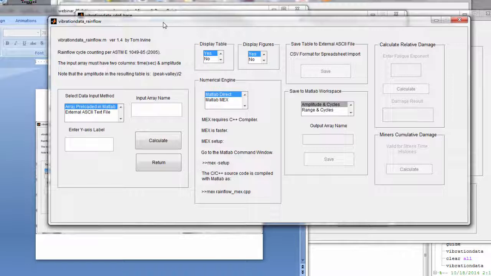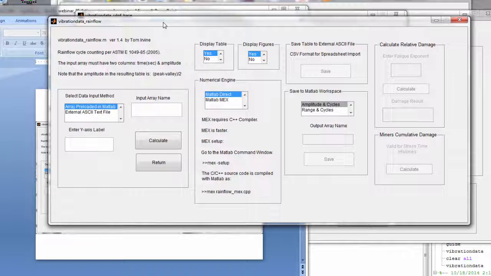This is rainflow cycle counting per ASTM E1049-85 in 2005. This is based on the research of Endo and Matsuishi, two Japanese engineers who wrote a historic paper on rainflow cycle counting back in 1968. The input array must have two columns, time in seconds and amplitude.